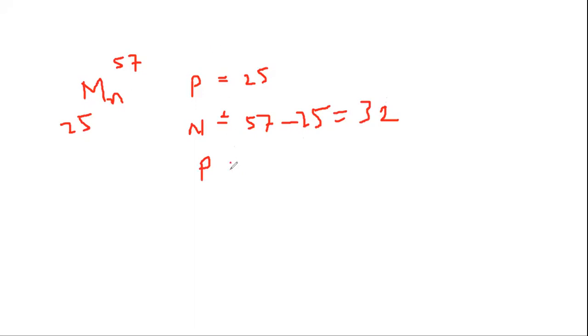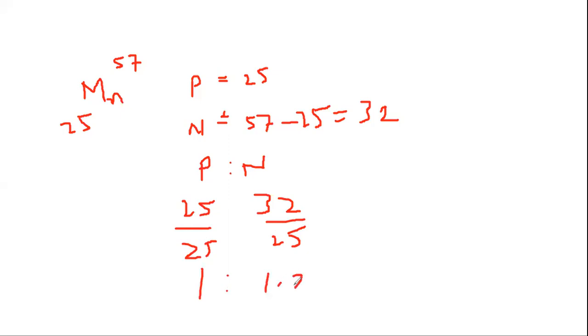Now we are going to calculate the ratio between the neutrons and the protons. This is 25 and 32, and you divide by the lowest value. You always divide by the protons, because we are taking the neutron and proton ratio, neutron divided by proton. So 25 divided by 25 is 1, and you find the ratio is 1 to 1.28.